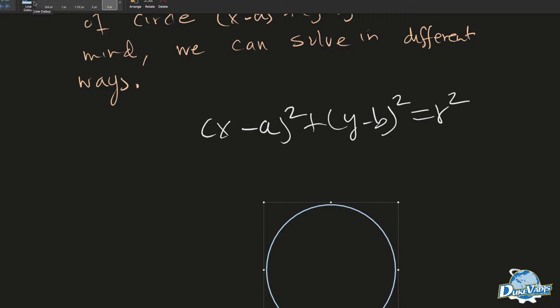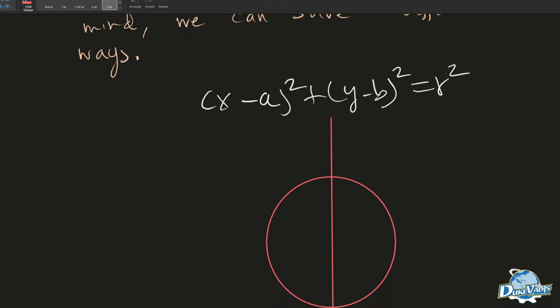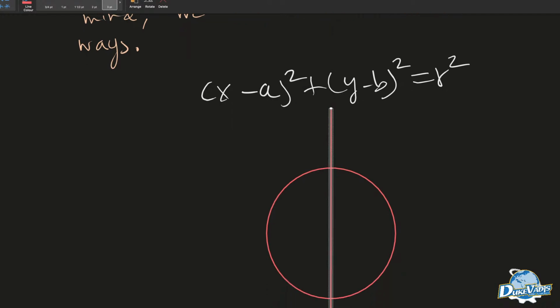For instance, this will be the y axis, and this will be the x axis.